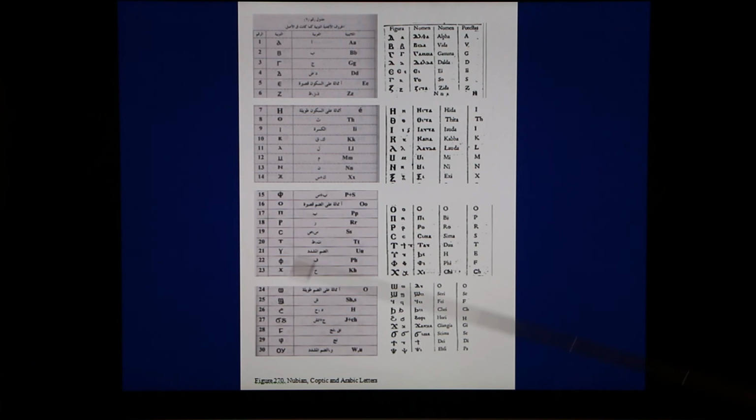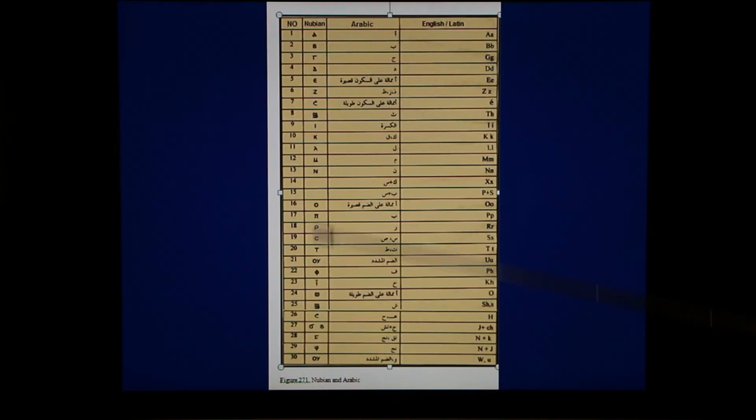Here, just for fun, I take you to Old Nubian and Old Coptic. They are not absolutely identical, but you can see that there's enough identical that really it's not worth having a big fight about. And here I show you Nubian and Arabic. And again, there is a link that is not worth fighting about.